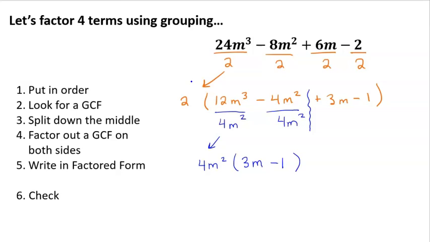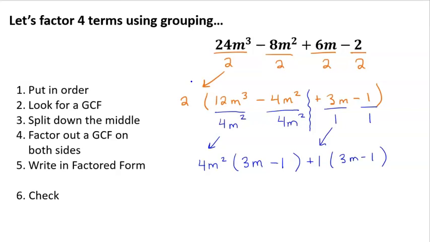And then from here, notice that I don't have a GCF on the right side, but I can still factor out a 1. And I know normally we wouldn't use a 1, but we're going to see what happens here. So then now we get this plus 1 here, and then we didn't change what we had.